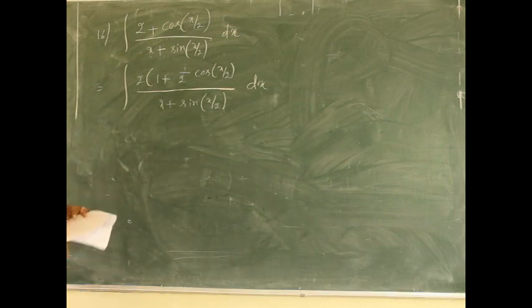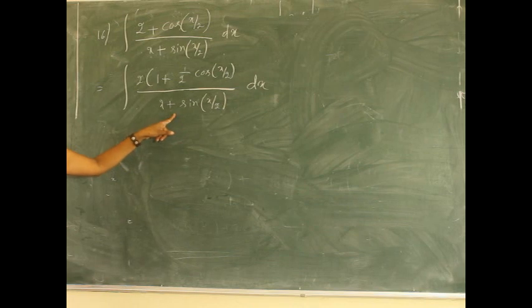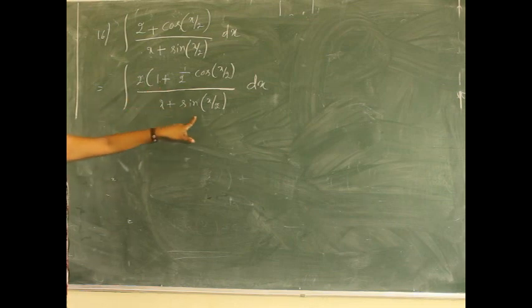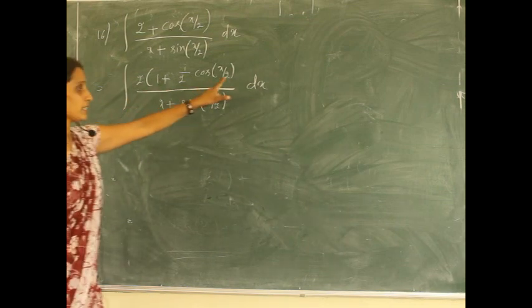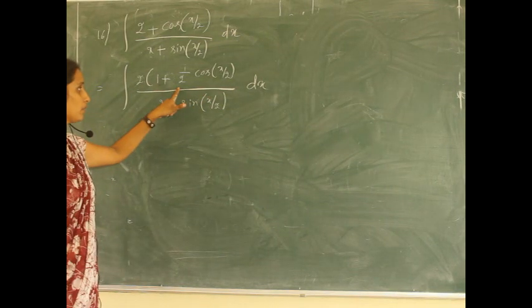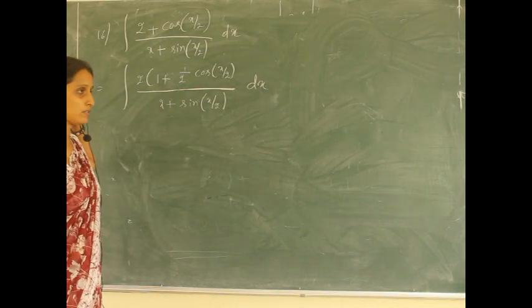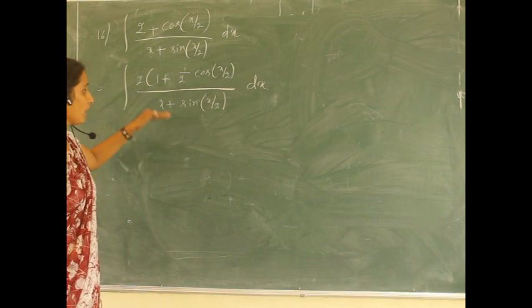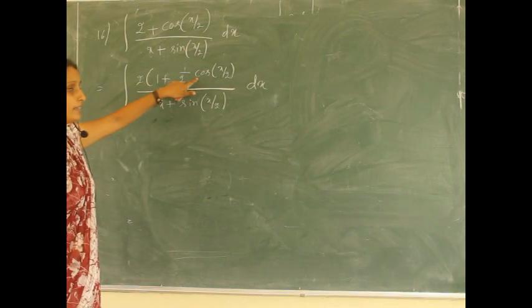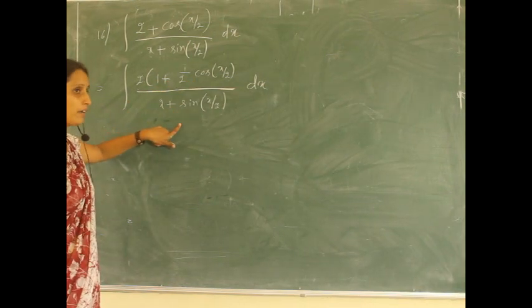Now you see, the denominator is x plus sin x by 2. So what is the derivative of x plus sin x by 2? The derivative of x is 1 and the derivative of sin x by 2 is cos x by 2 into 1 by 2. Here 2 is anyhow a constant, so the constant stays as it is. Now this is in the form of f dash of x divided by f of x.